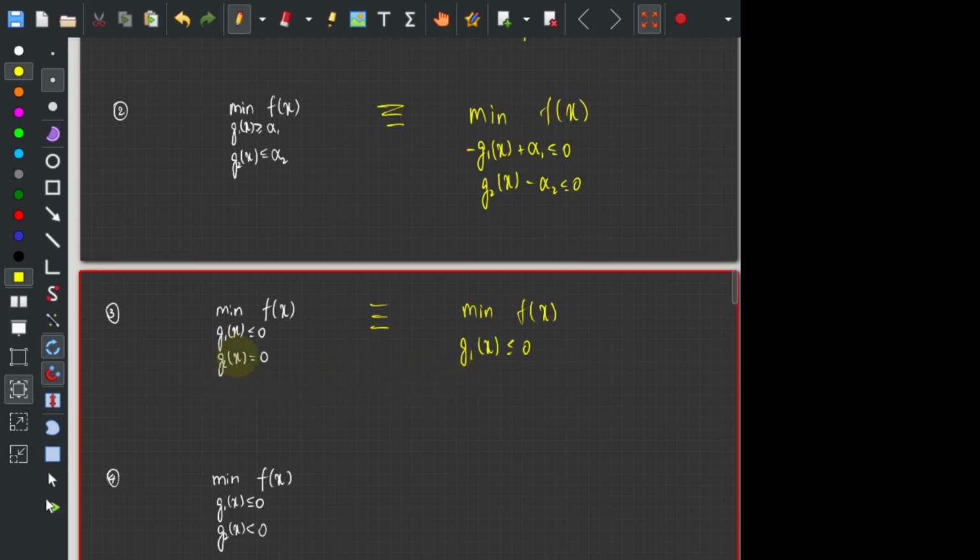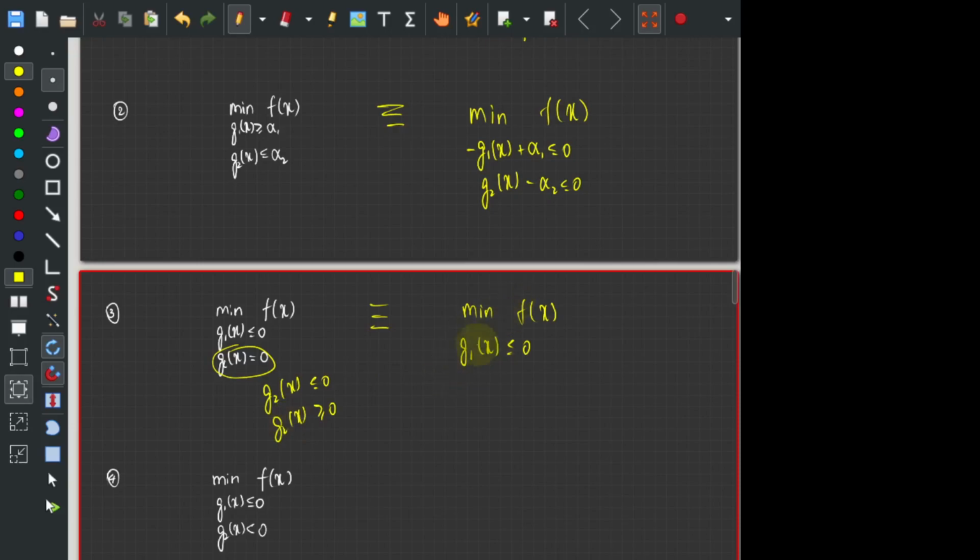Exactly. So in other words, this constraint over here is the same as g2 of x should be less than or equal to 0 and g2 of x greater than or equal to 0. So any x which satisfies both these constraints satisfies g2 of x equal to 0. That's the only choice of x which satisfies both constraints. Is everyone agreeing with this?